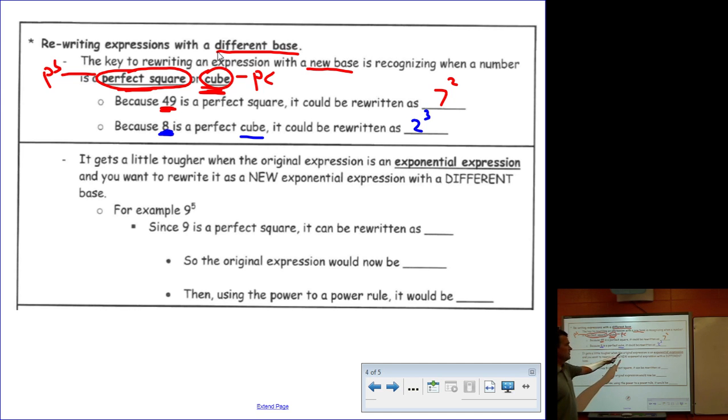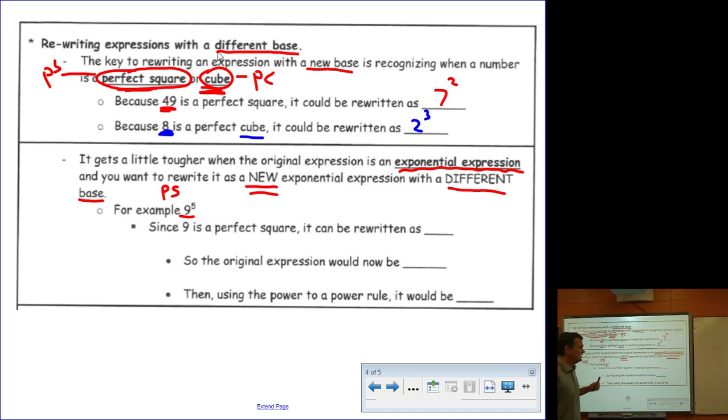It gets a little tougher when the original expression is already an exponential expression, right? And you want to write it as a new exponential expression, but with a different base. For example, 9 to the 5th. Now again here, you guys, the key is that the base is a perfect square. 9 is a perfect square, right?